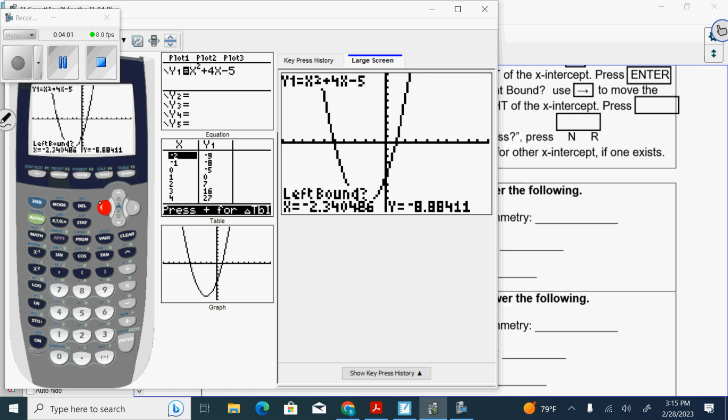So my vertex is down here at the bottom. I just need to be somewhere to the left of it. So anywhere over here, just a little bit past the vertex to the left. Okay? So you can see mine's flashing over here now, and the vertex is down here. So it's to the left of it, right? And it says after you've done that, then you're going to press what? Enter.